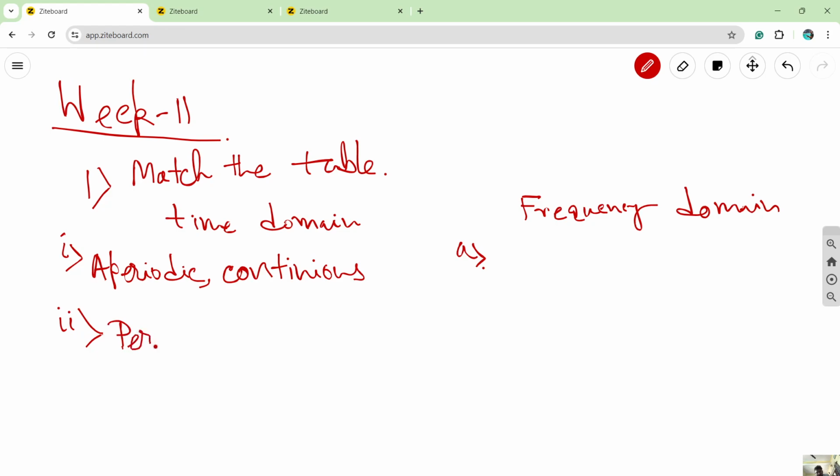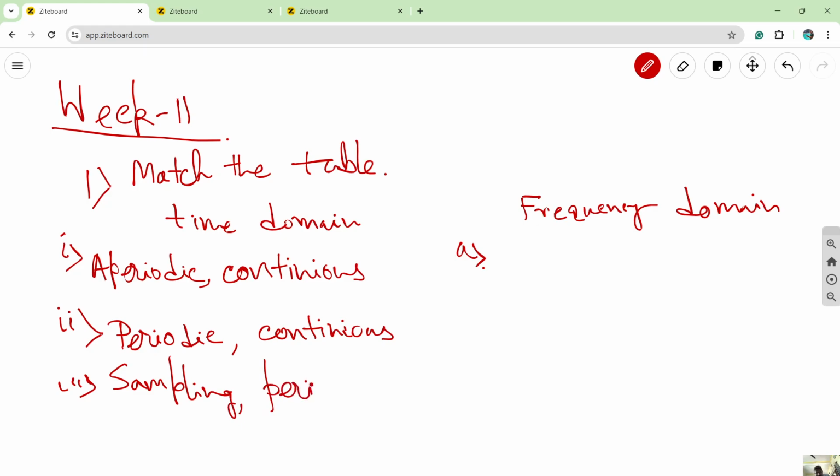Next one is periodic and continuous. Third one is sampling and periodic. Fourth one is this aperiodic. Fourth option is sampling and periodic.